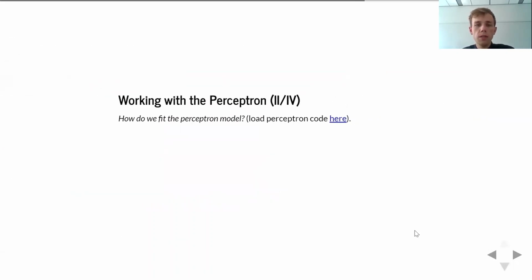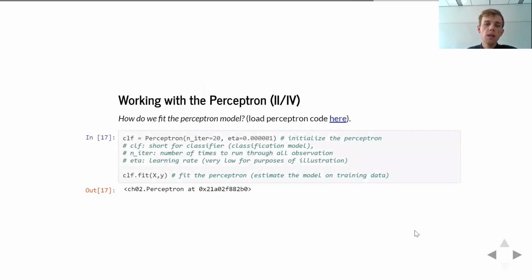So how do we then fit the perceptron model? You can load the code through that link that I provide there. But here I'm creating this classifier, so I call that CLF, from the perceptron algorithm, this class that Raschke has coded up for us.